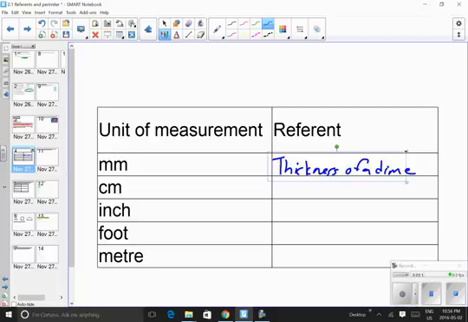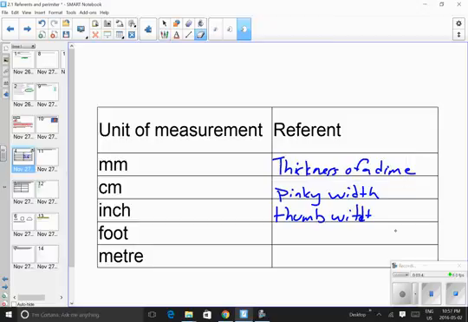A centimeter, I like to use body parts. A centimeter is about how wide your pinky finger is. So your pinky finger is about 1 centimeter. For an inch, like I said, I like using body parts, it is about a thumb width.